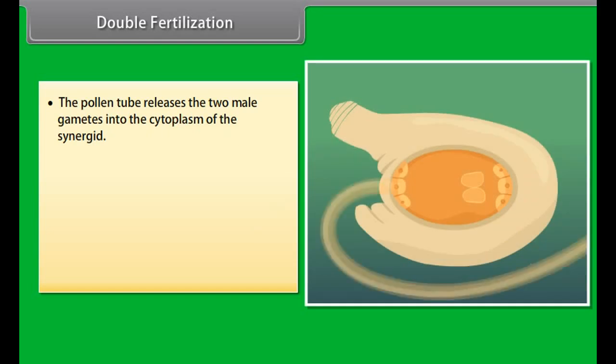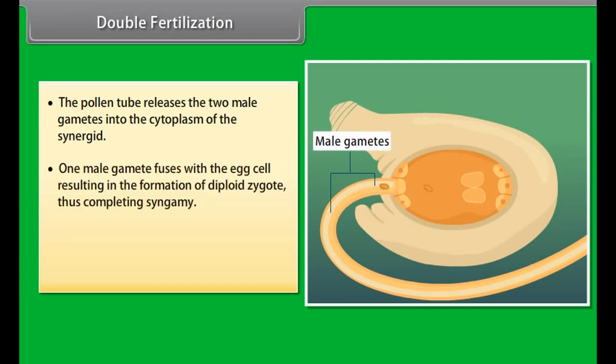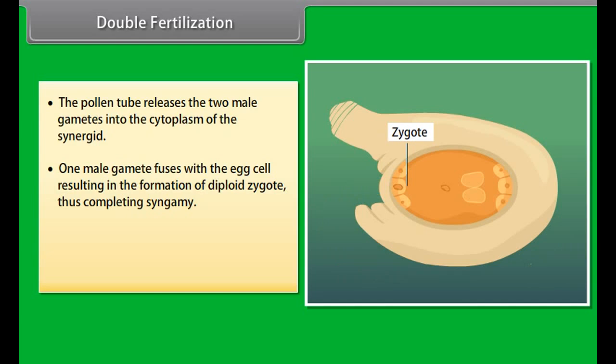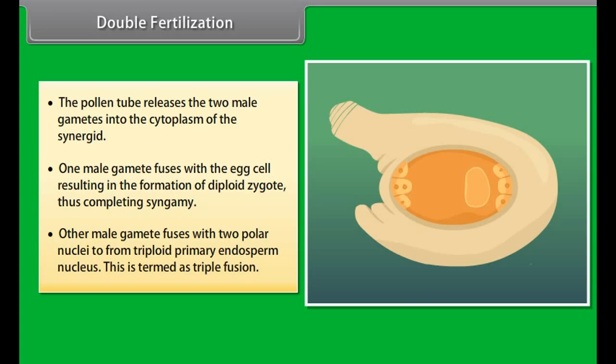The pollen tube releases the 2 male gametes into the cytoplasm of the synergid. One male gamete fuses with the egg cell, resulting in the formation of diploid zygote, thus completing syngamy. The other male gamete fuses with 2 polar nuclei to form triploid primary endosperm nucleus. This is termed as triple fusion.